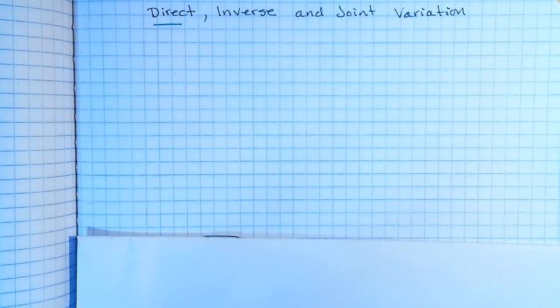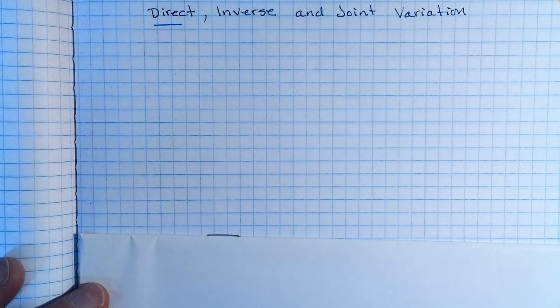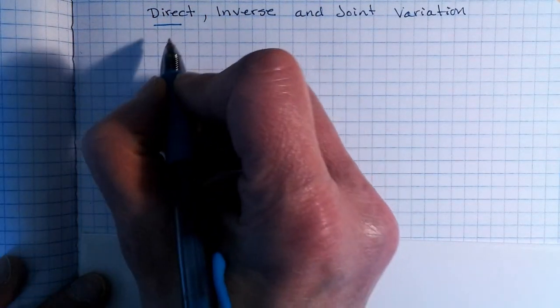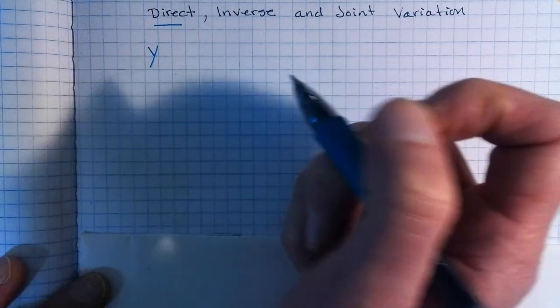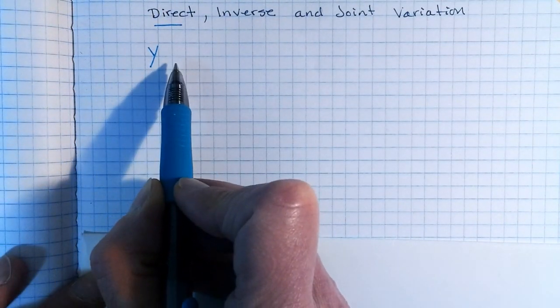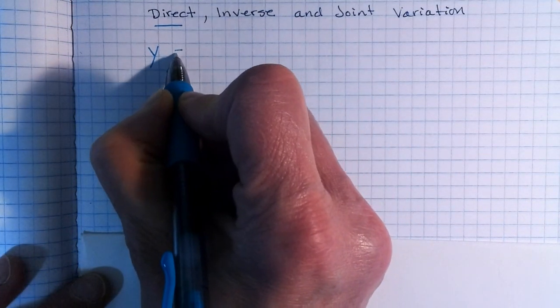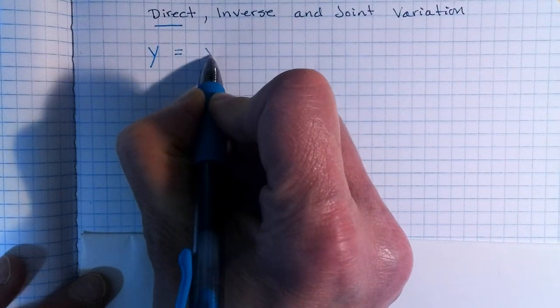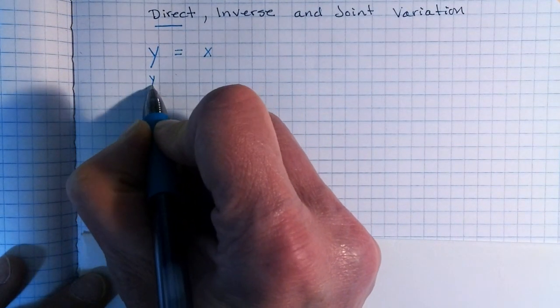We already know a direct variation equation, and that would be a very simple linear equation called the parent function. If I say y varies directly as x, let me write that down. y varies directly as x.